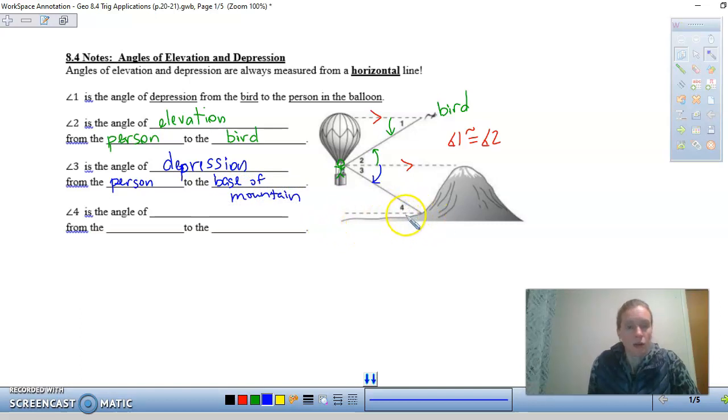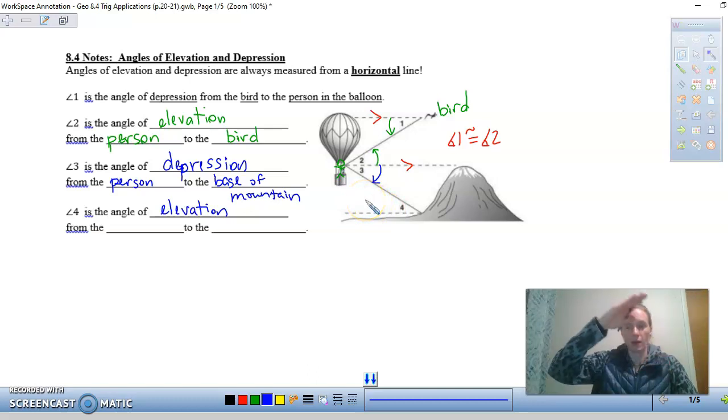Okay, last one, angle 4. Take a moment and fill in the last sentence. So angle 4 is the angle of elevation. Again, angle 4, you're going from this horizontal here, from the horizontal going up, and that is going from the base of the mountain to the person in the balloon.